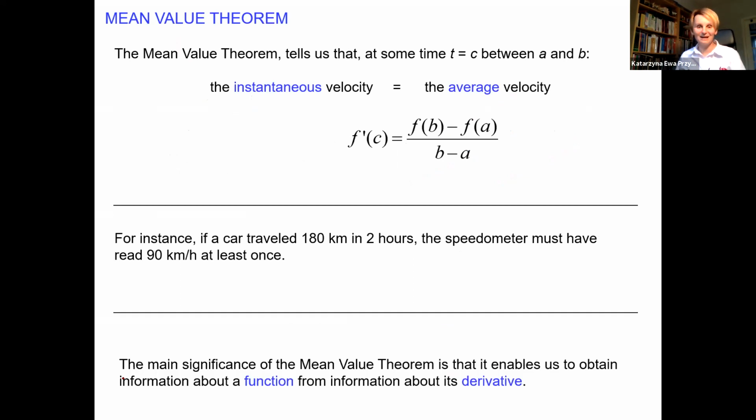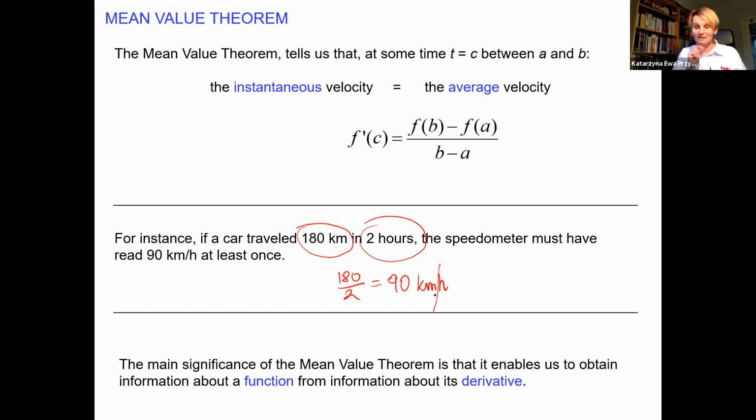Of course, I did type this example. For instance, if the car travels 180 kilometers in 2 hours, then the average speed, of course, is the distance over the time, 90 kilometers per hour.